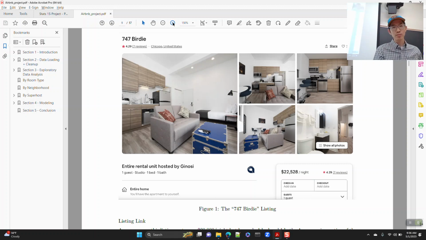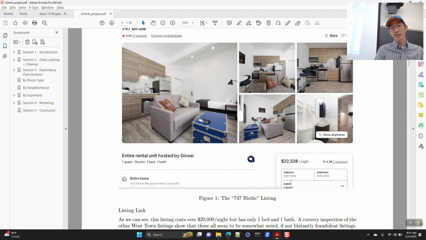They said, okay, this is strange, a rental at $22,528 per night. So they went on the Airbnb website, tried to type in this information, and lo and behold, they did find it. And they said, there's no way that this one bedroom, 1 bathroom apartment could cost $22,528 a night. So either this is a typo or some kind of fraudulent thing. This is not a reasonable thing. So they threw this out of the data.